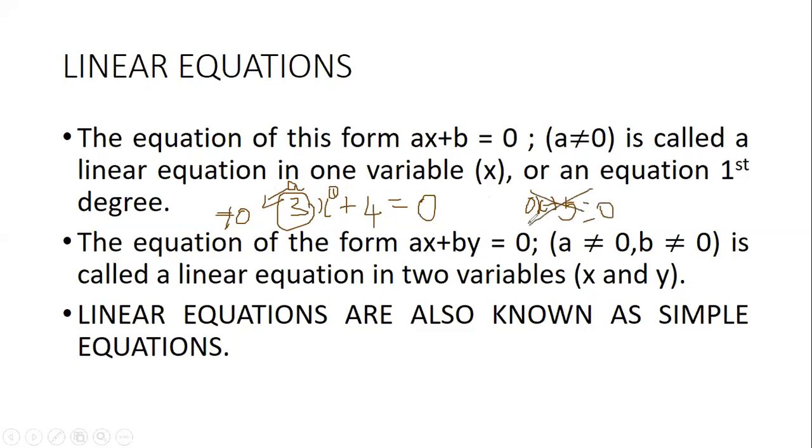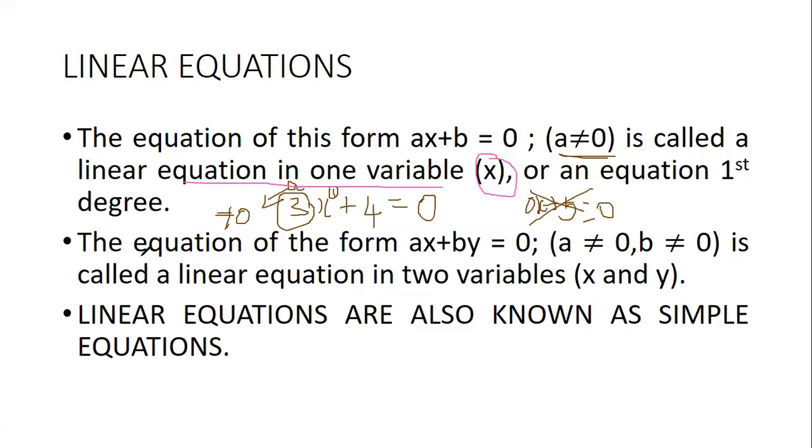This is not a linear equation, because the condition says a should not be equal to 0. Okay, so did you all understand what a linear equation is? So that was a linear equation with one variable. One variable is nothing but x.